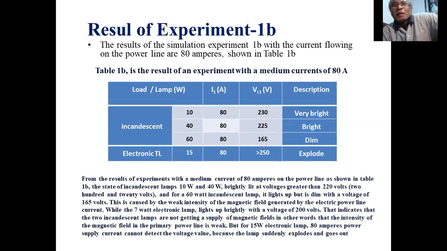And the 60 watt lamp lights up but is dim, with a voltage of 165 volts. This is caused by the wave intensity of the magnetic field generated by the electric power line current.